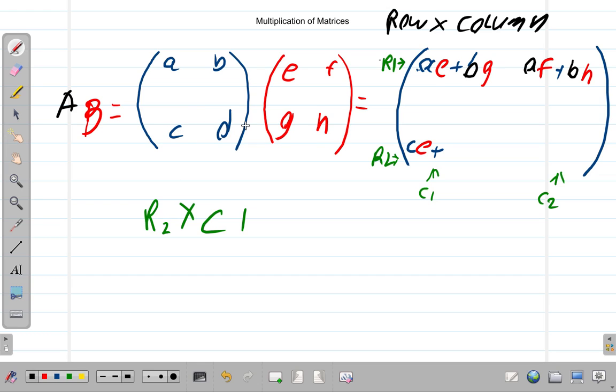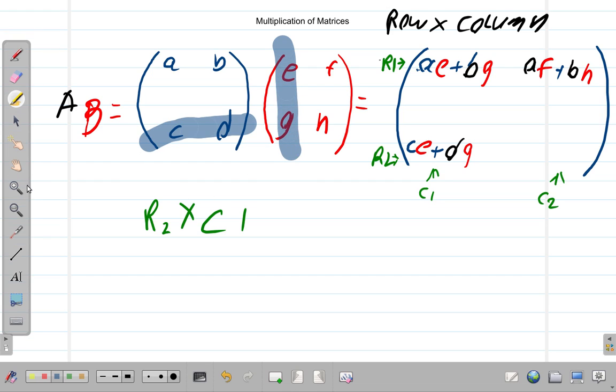Second in row 2, D, times second in column 1, G. Because going across the row, going from left to right, first, second. Going down the column, you're going from top to bottom, first, second element. So, it's row 2 by column 1. Row 2 across, column 1 down here.